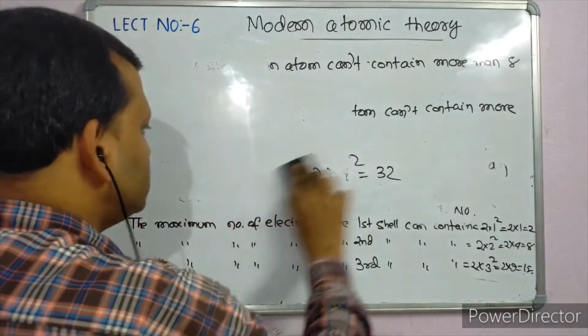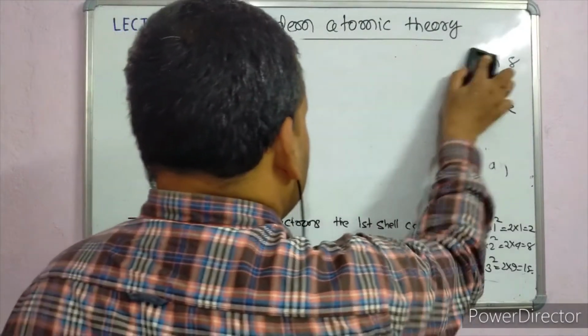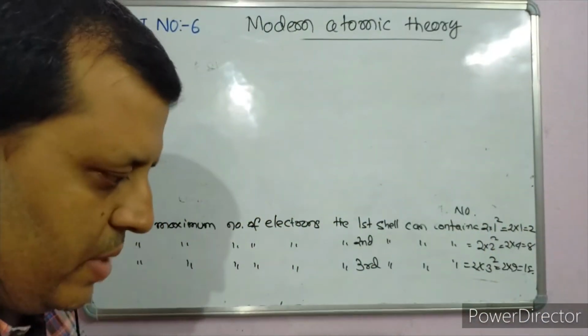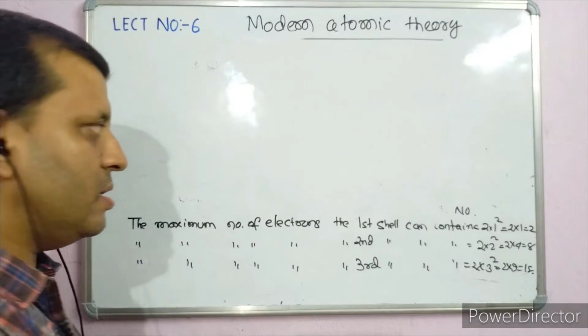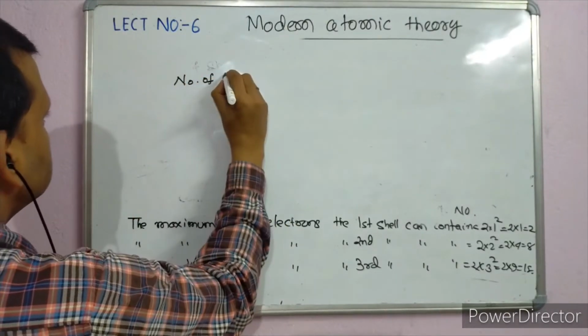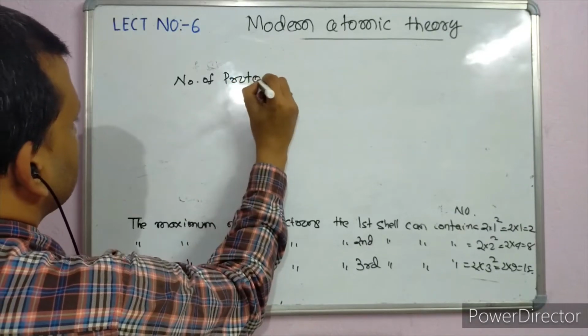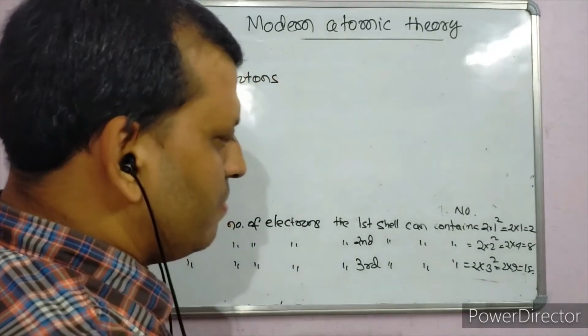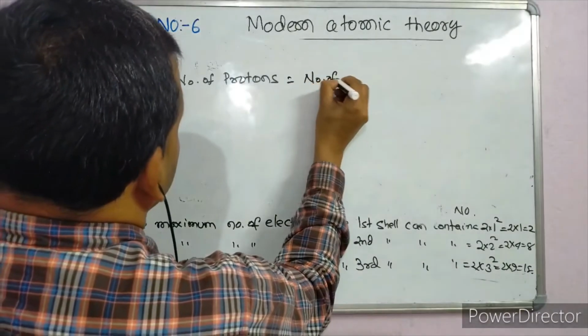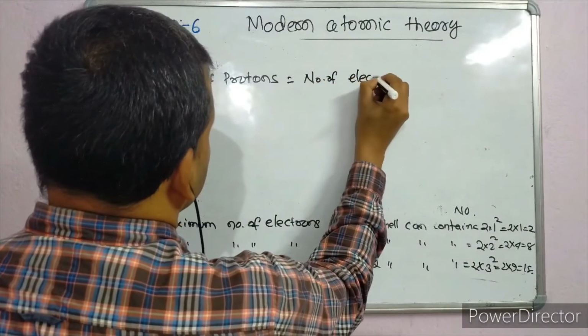However, the question comes, why is this atom electrically neutral? The answer is that under ordinary conditions the number of protons, that means our positively charged particles, is equal to the number of electrons.